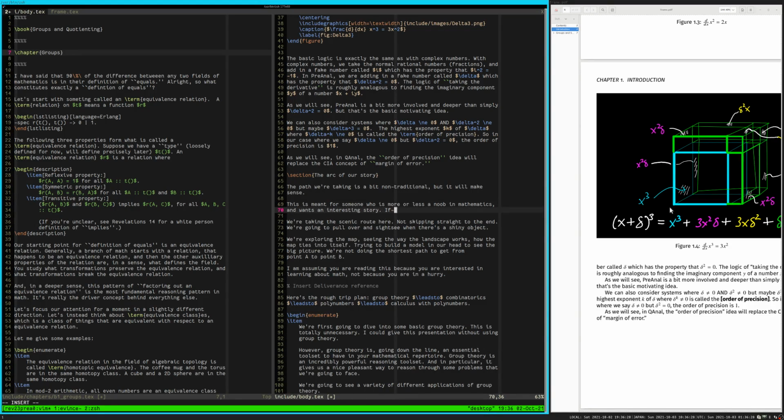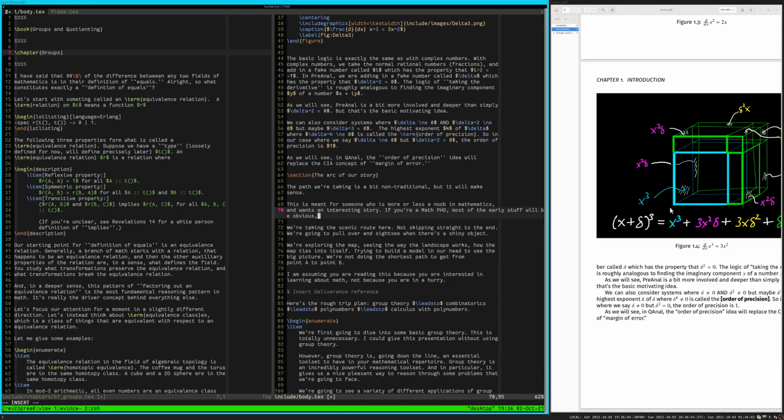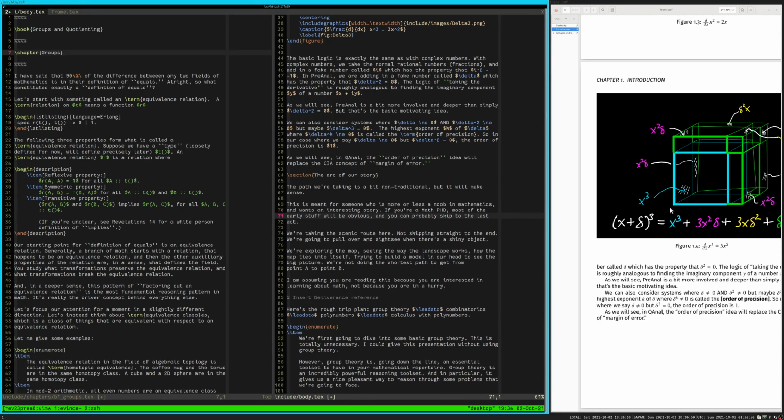If you're a math PhD, most of the early stuff will be obvious, and you can probably skip to the last act. It's math. Well, it's an interesting story.